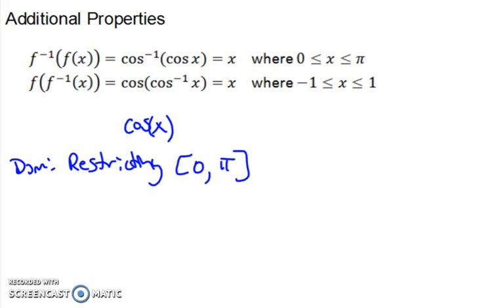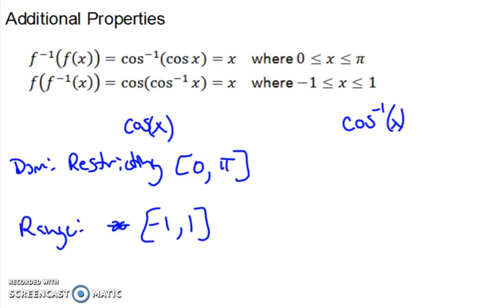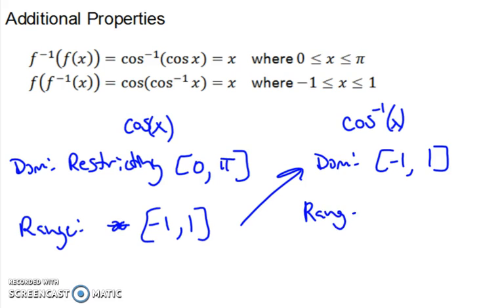The range for cosine normally goes from -1 to +1. So now for the arc cosine, also known as inverse of cosine, its domain is going to be from -1 to +1. So you can't take the domain of 5. It won't work. The range is going to be the domain of the original that we restricted, and the range will be from 0 to pi now.